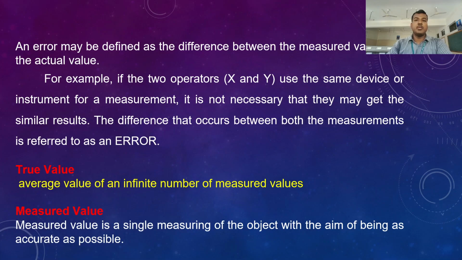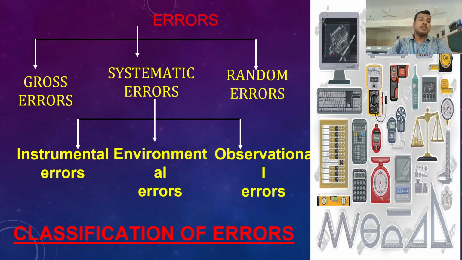It represents one trial, the present trial, say for 1 kg of sugar, not 5 times. At one time we are just measuring the weight of the sugar. That is what is called the measured value.